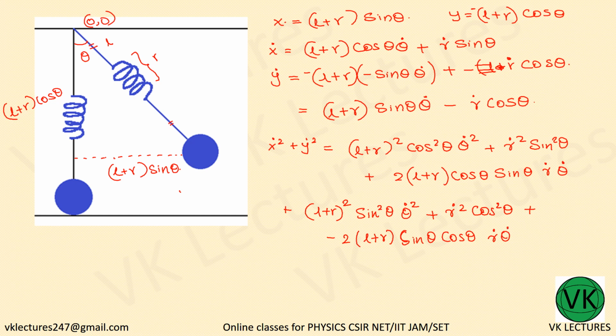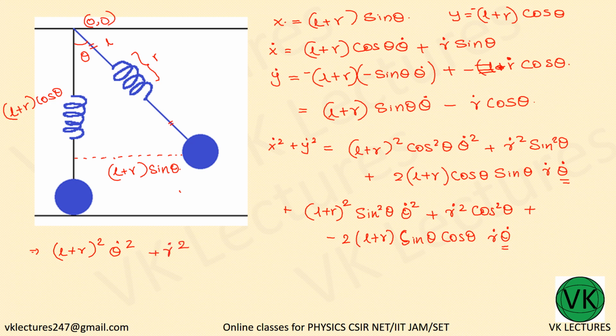Now in this, the last term from here and here gets cancelled, so this becomes (L plus R) whole squared theta dot squared plus R dot squared.